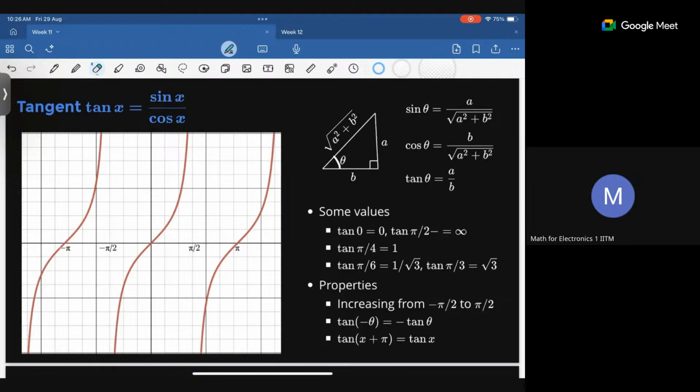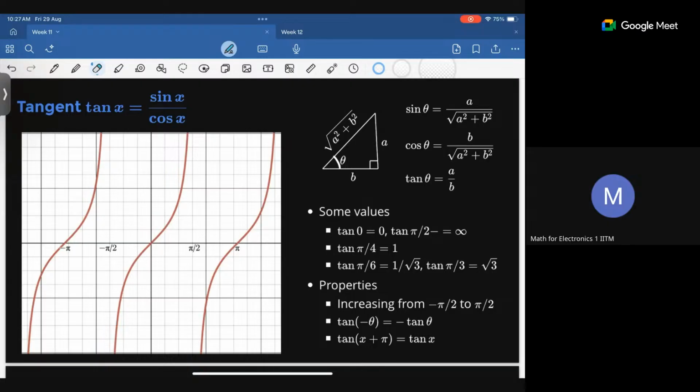You should really get used to these standard values. They will not be given to you in the exams, right? So either you remember them, or you know the tricks to remember, or you know the graphs and get them from there.